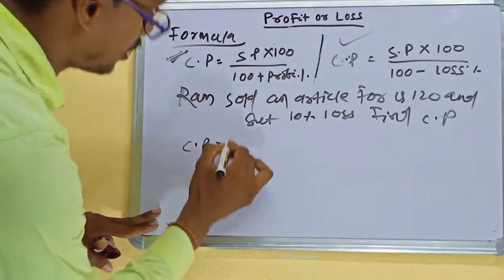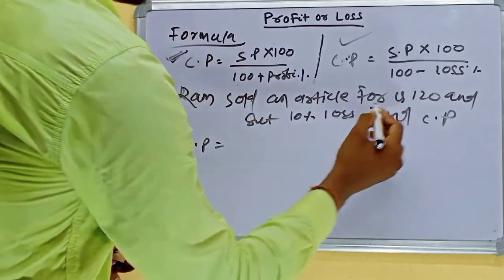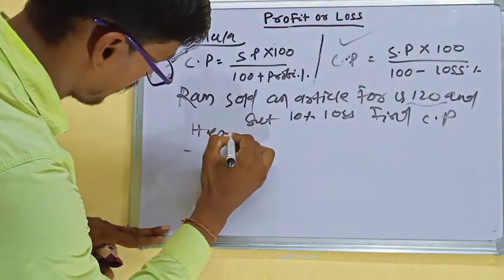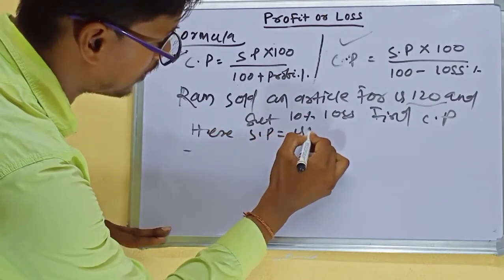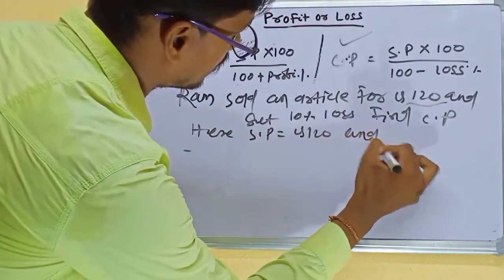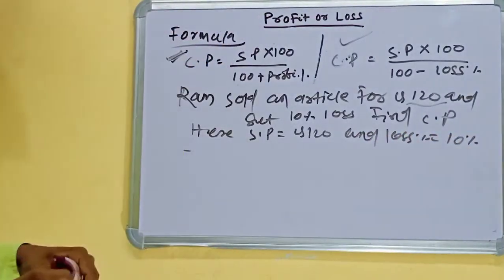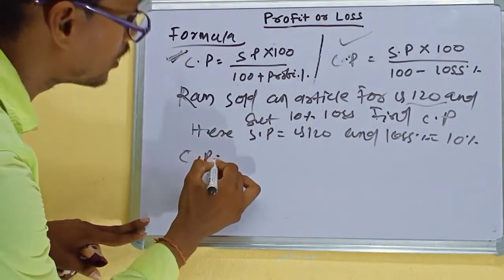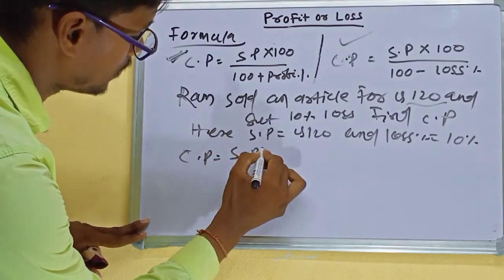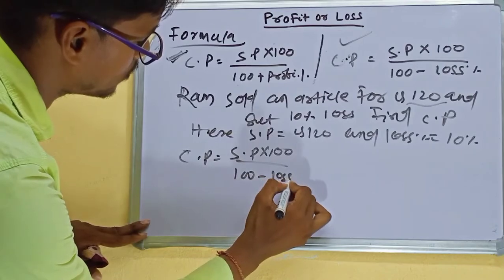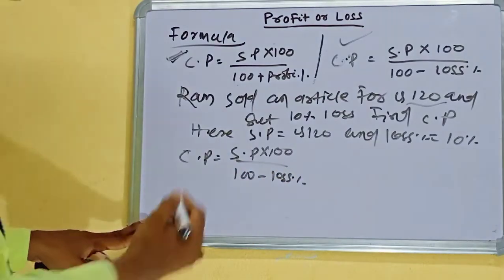Here SP is equal to 120 and loss percentage is equal to 10%. Then CP is equal to SP into 100 divided by 100 minus loss percentage.